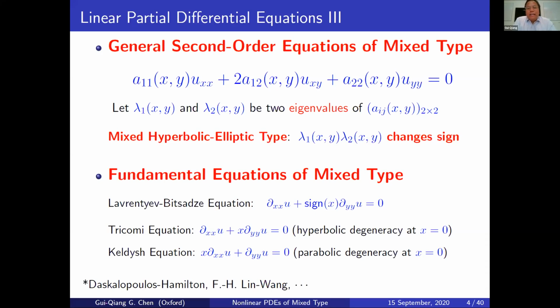So we know which region is hyperbolic and which is elliptic. One approach to handle such problems is to first study the elliptic region up to the transonic boundary, the transition boundary, as a degenerate elliptic problem. Then on the other side, the hyperbolic side, you have a degenerate hyperbolic problem. If we understand the solutions for both, then we more or less understand the behavior of solutions near the transition boundary.